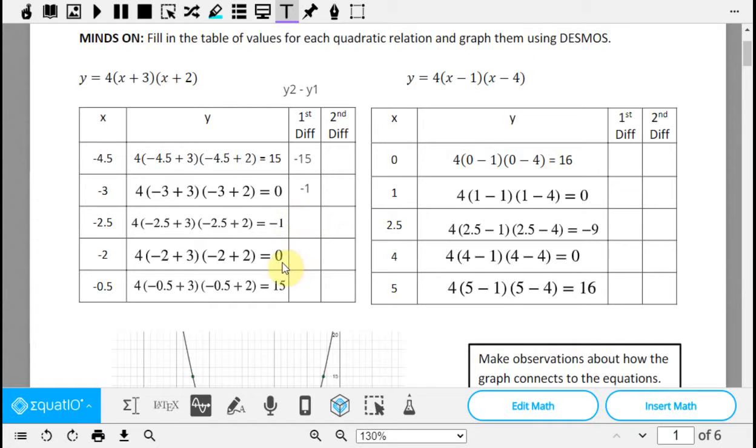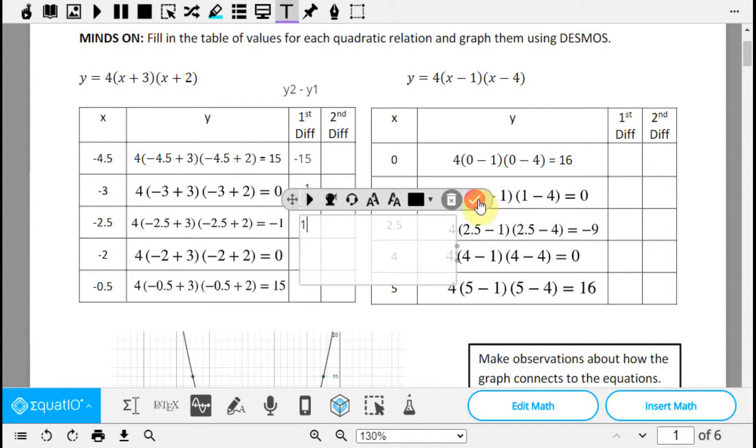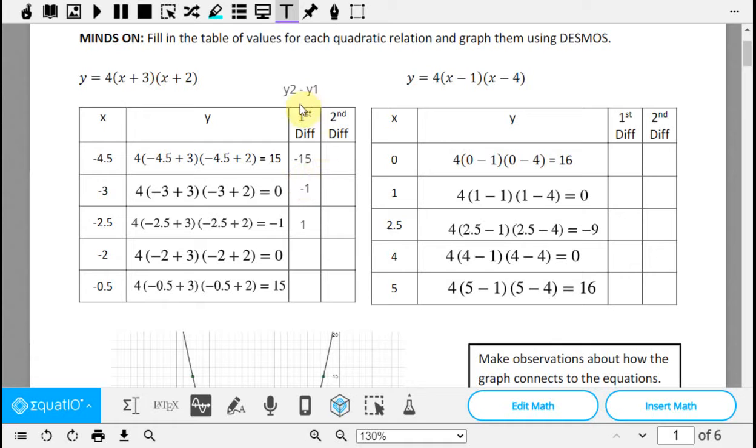From negative 1 to 0 is up 1. So that's a positive 1. And notice that if I did the y2 minus y1, 0 subtract negative 1, minus minus is a plus, so 0 plus 1 is 1.